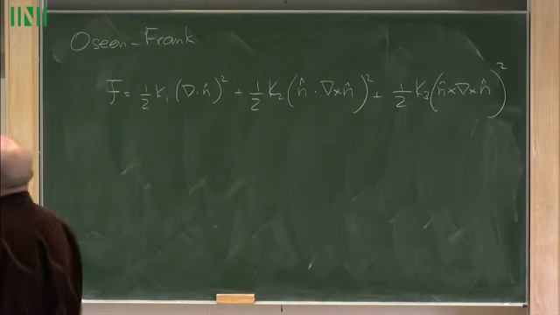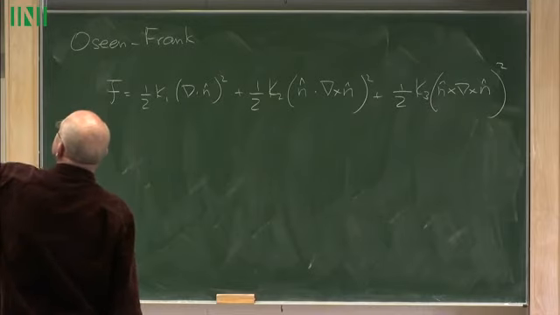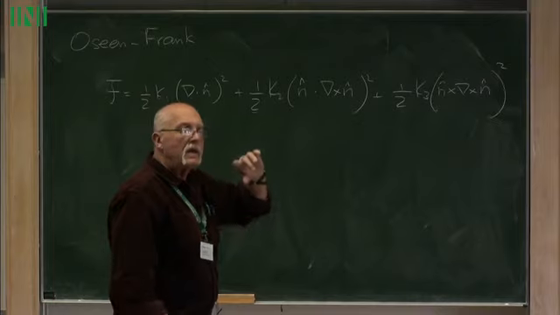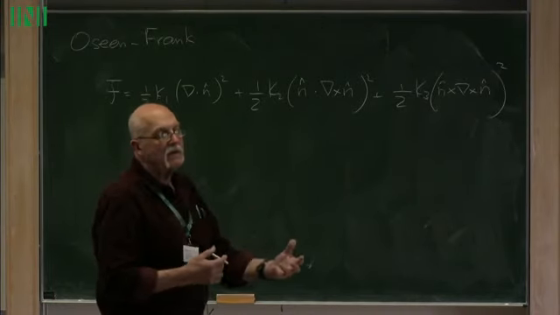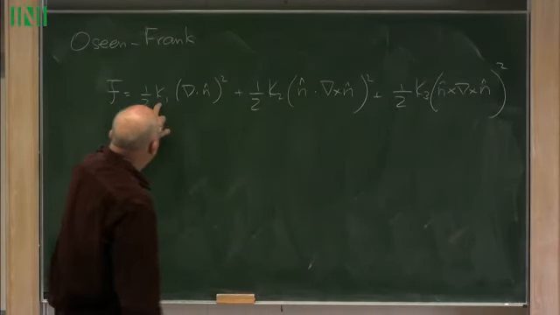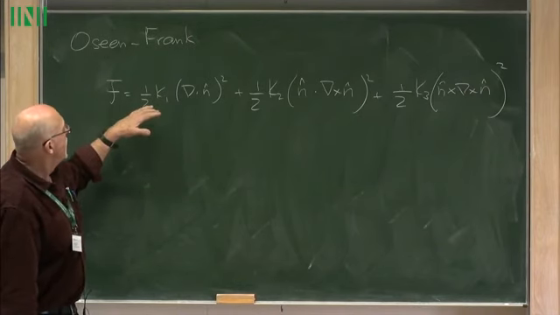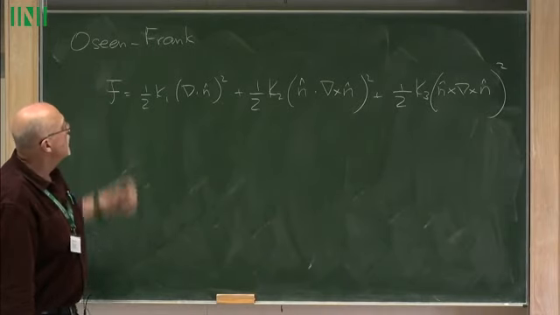Misha Osipov has done this a long time ago, and he's still working in this area because it's a pretty challenging topic, as you can see, given that both steric and attractive forces are involved. So these Ks, of course, depend on the order parameter, because we know that S is somehow pulled out here.